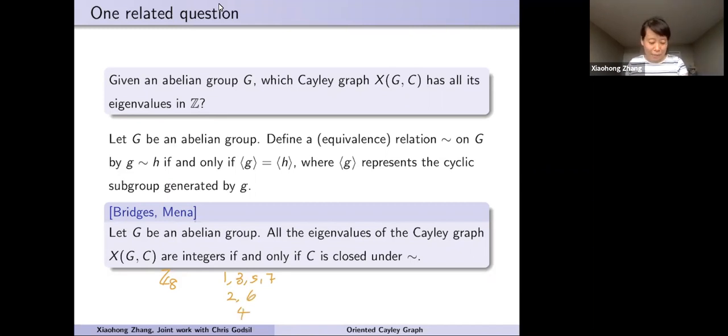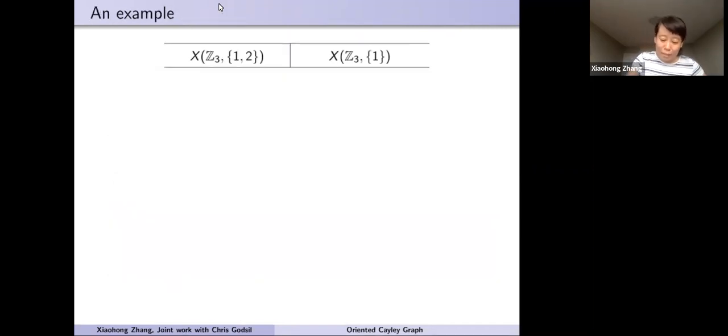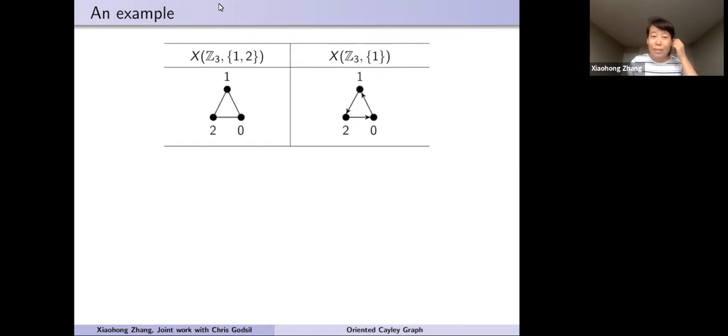Now let's check some examples first. The group is Z3. It's a prime number, so all the non-zero numbers are generators. So it's one equivalence class, and C is equal to negative C. For this one, the connection set is just 1 itself, and C is disjoint from negative C. So we have an oriented graph, as this picture shows.